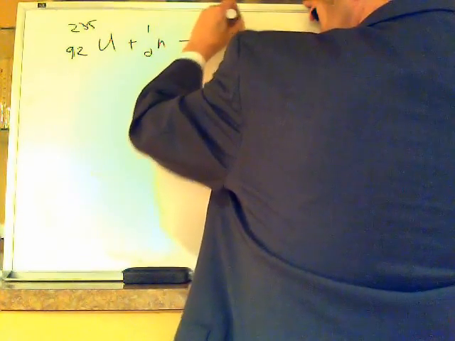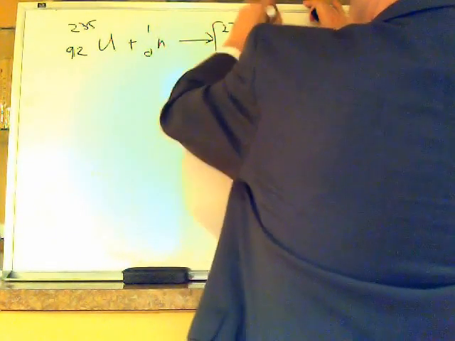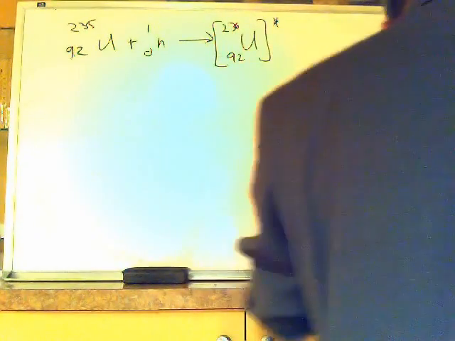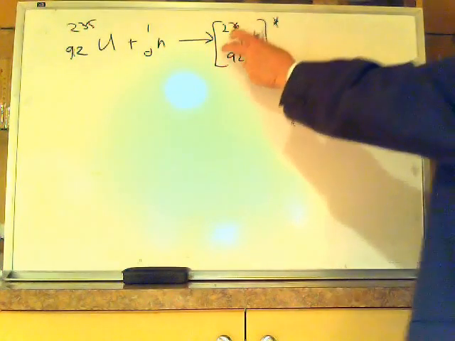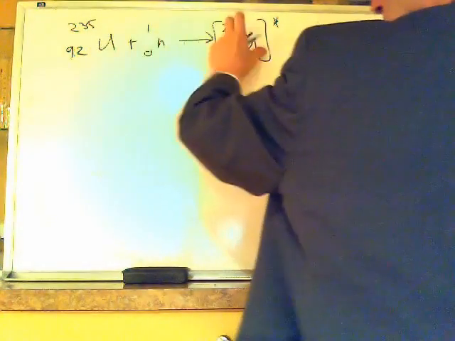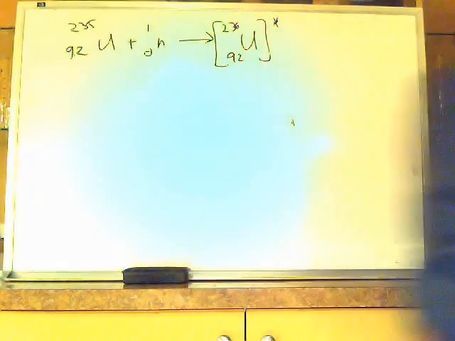And what we would do is just say 92 uranium-235 plus the neutron gives us uranium-236. And the Q value for this is the mass, so we have to look at the difference between the two masses. That is, look at this mass and look at the difference between that and the sum of these two masses.